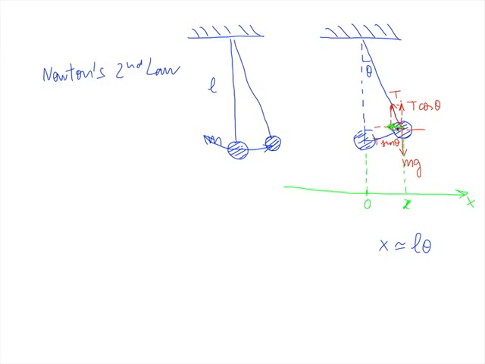And let's draw it in a green color here to highlight it more clearly. So we can write Newton's second law as follows. We have the force equals m times the acceleration. Acceleration, as you know, is the second derivative of the linear shift. In this case, we are focusing in the horizontal direction, so we want to write it just for the x component of the forces and of the accelerations.